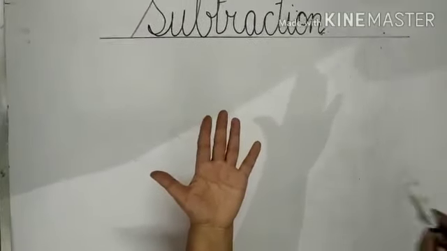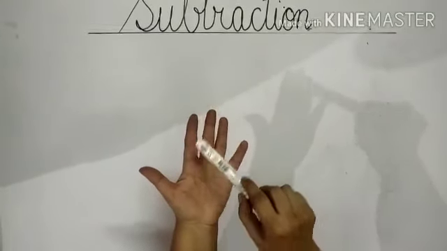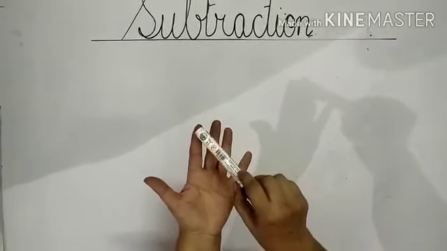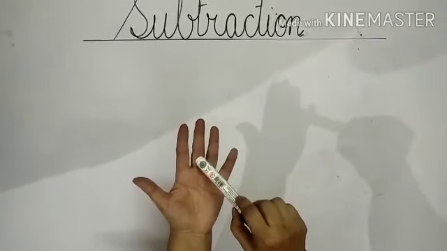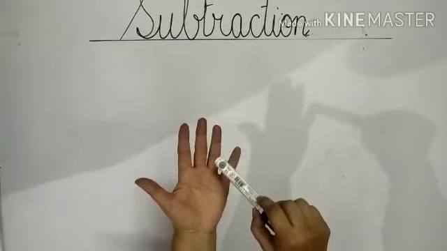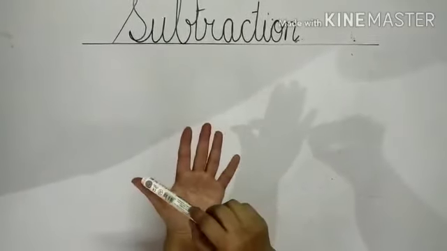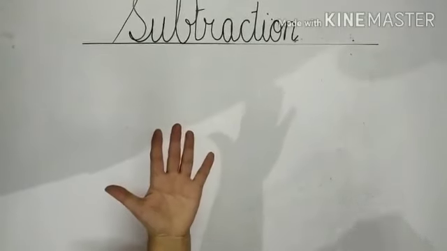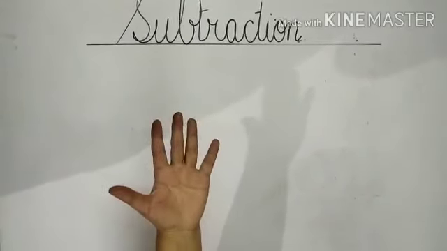Block means 1, 2, 3. In one finger, there are 3 blocks. 1, 2, 3, 4, 5, 6, 7, 8, 9, 10, 11, 12, 13, 14, 15. In one hand, I have 15 blocks.